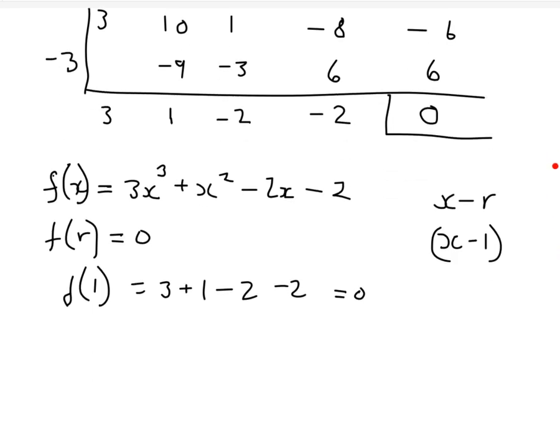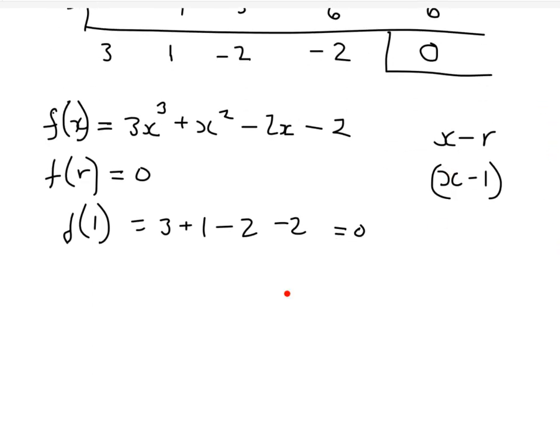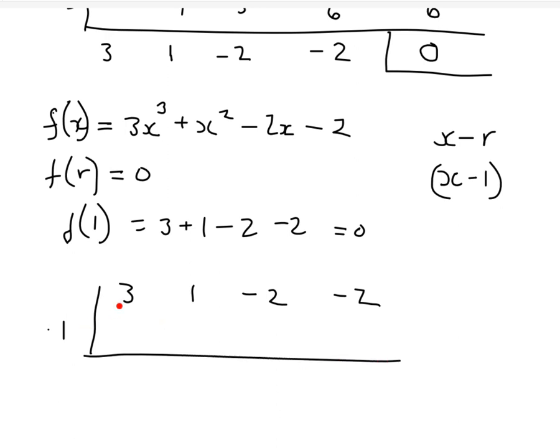So, for the next stage, let us divide this cubic by x minus 1. I'll write down the coefficients of the cubic, 3, 1, negative 2, negative 2. I'm going to divide that by x minus 1, so pick 1 there for the table.